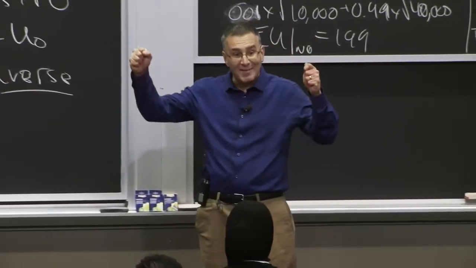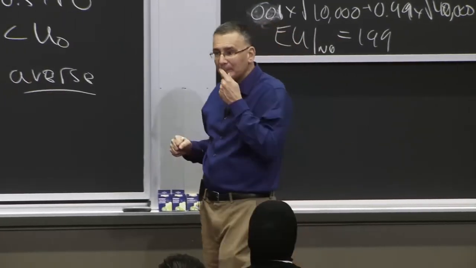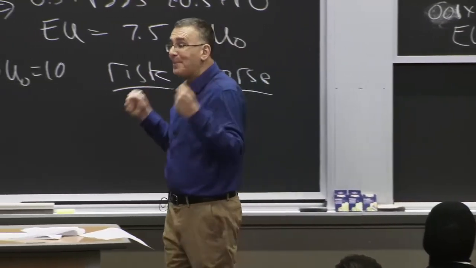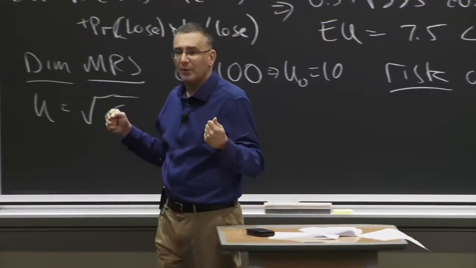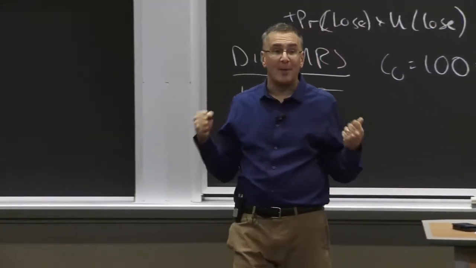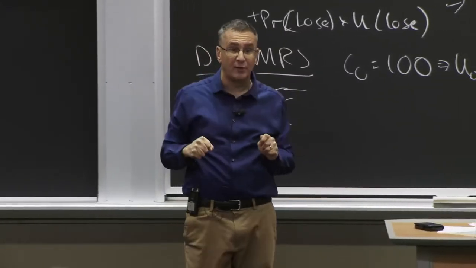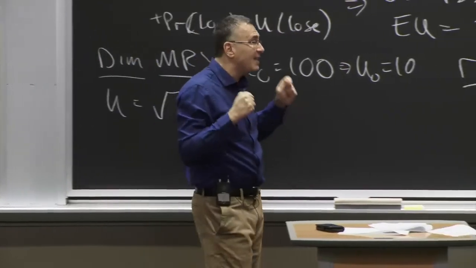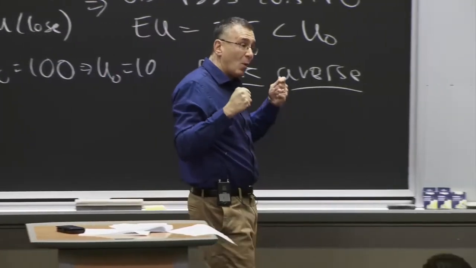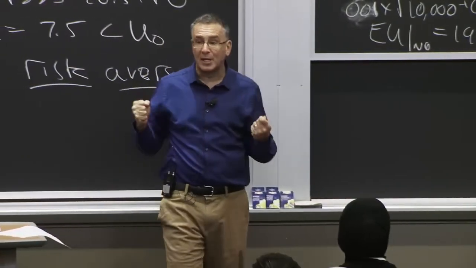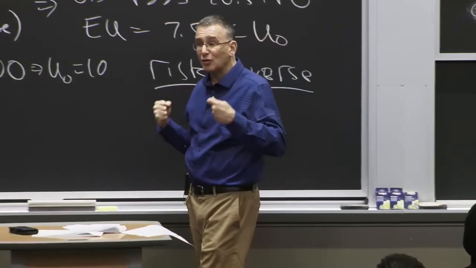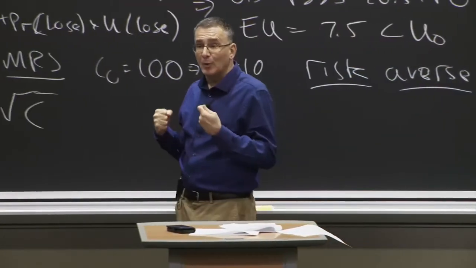Why? Because once again, that moves you more towards the linear part. The bottom line is, the bigger the risk is relative to your income, the more risk averse you become, the more you move from that linear part of the curve onto the nonlinear part of the curve. Okay? So that's the key thing. Bigger risk, what matters is risk relative to your income. That's going to determine your willingness to pay for insurance.